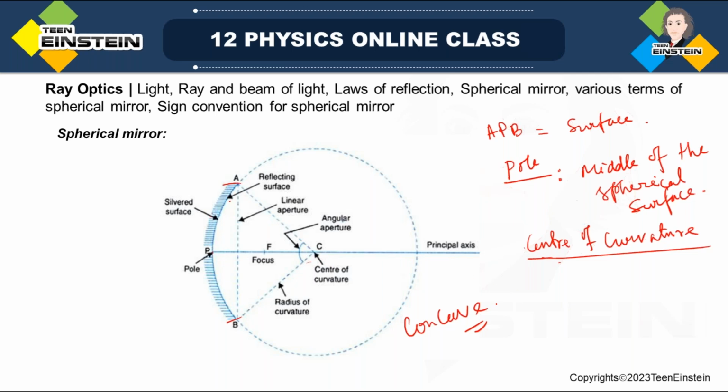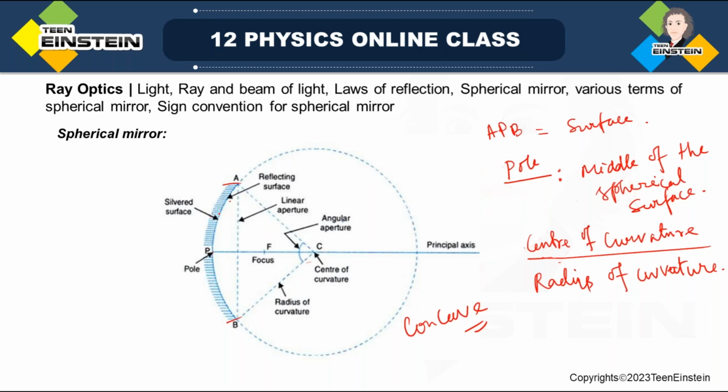Now what is radius of curvature? Radius of curvature is the radius of that particular sphere.